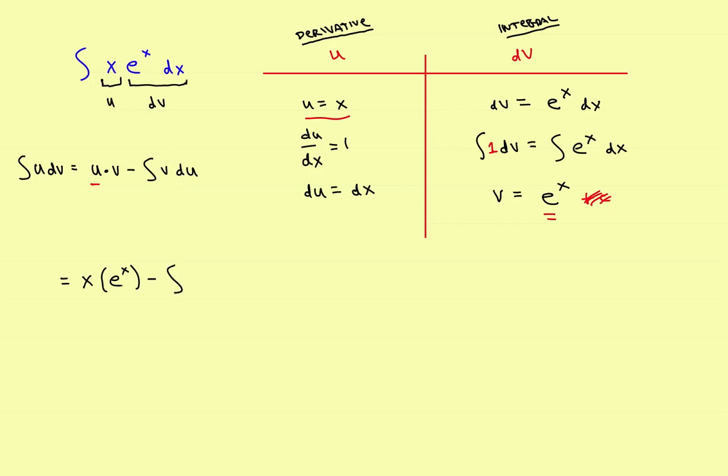So actually you need v twice. So you'll use v right here, and you'll also use v right here. So v is equal to e to the x. And then finally you need du, and du is equal to dx.